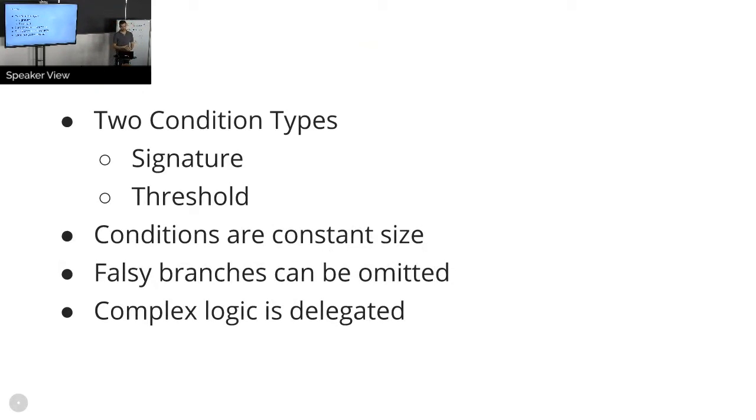During execution, falsy branches can be omitted. That can be very, very useful if you have things like an offline override option. So if you have a condition where one branch is the CEOs of the company coming together to override the system, and there are a lot of keys in there, and the keys are very large, and we don't usually need that, because normally the system operates normally, and we just don't use that whole part of the tree.